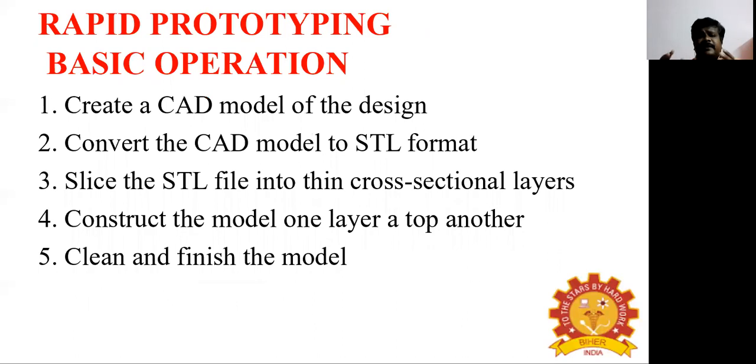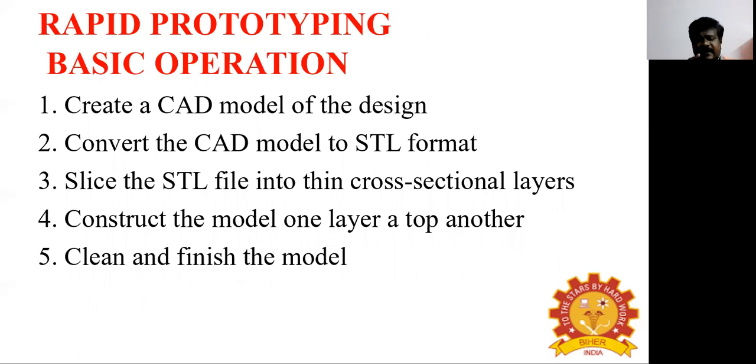If you take rapid prototyping, the basic operations are, there are 5 steps. Now there are 5 basic operations which are basically involved in RP, rapid prototyping. First one is create a CAD model of the design.